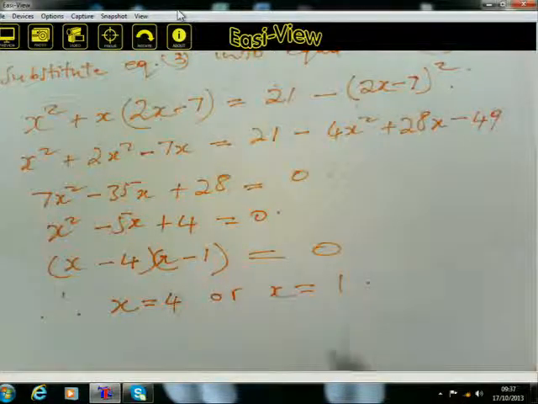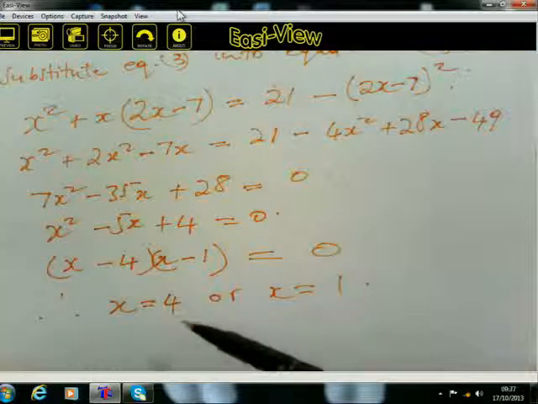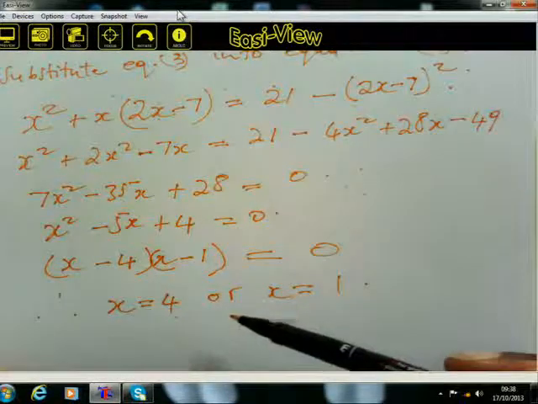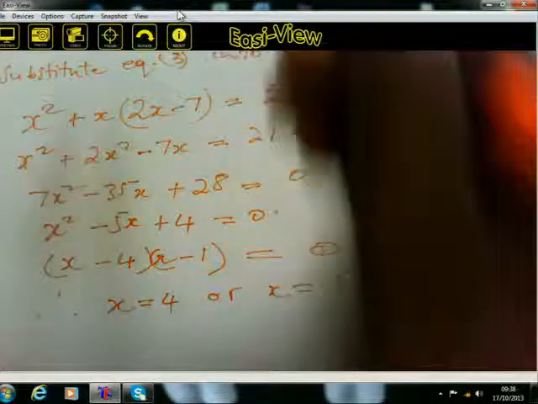Now what are we running short of? We must solve for y. Now if we are to solve for y, we can substitute the value of x by 4 in the original equation, which is equation number 1, or x by 1.